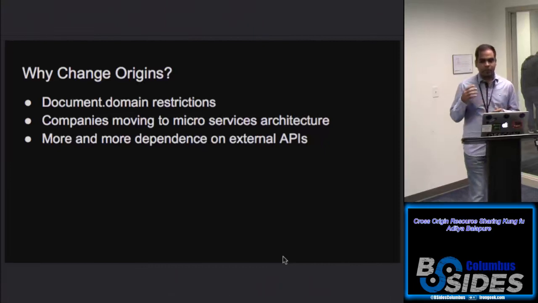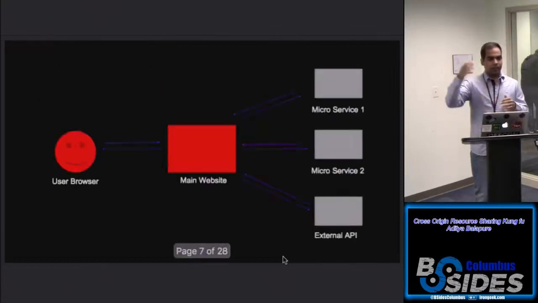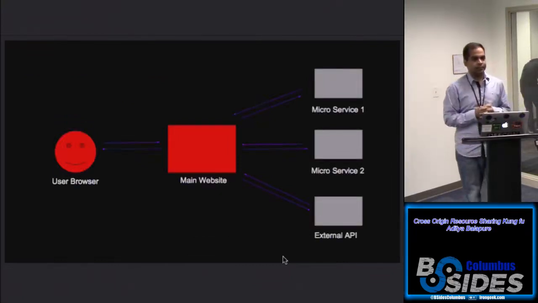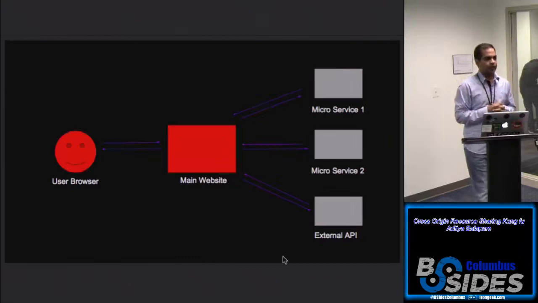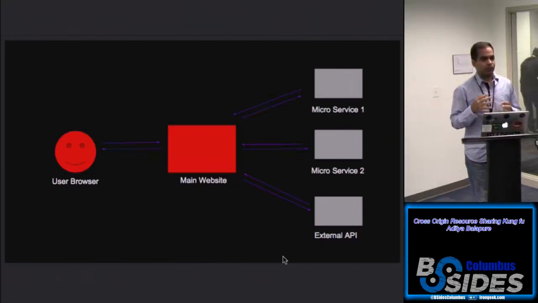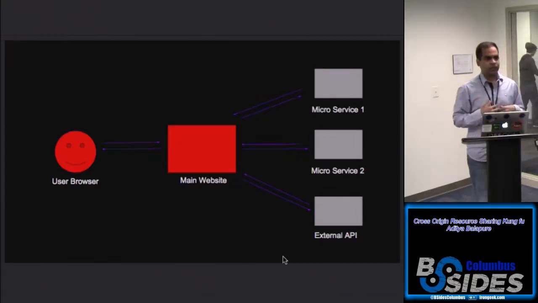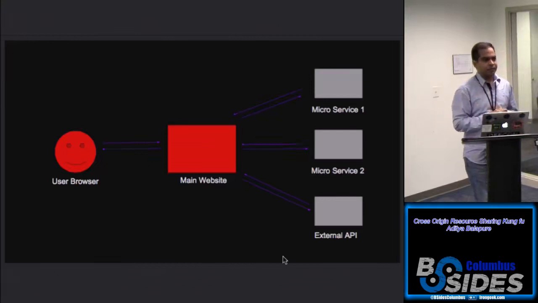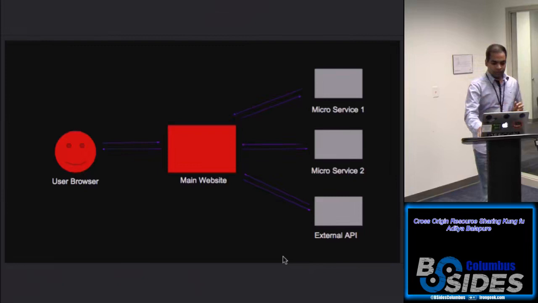As I said, more and more companies are moving towards a microservice architecture. As an example here, we have multiple microservices coming together as a single website, with external APIs put together in the main website, and it's become a feature-rich web resource for a user who's coming onto that website to gather information, maybe buy something, or do all sorts of stuff.